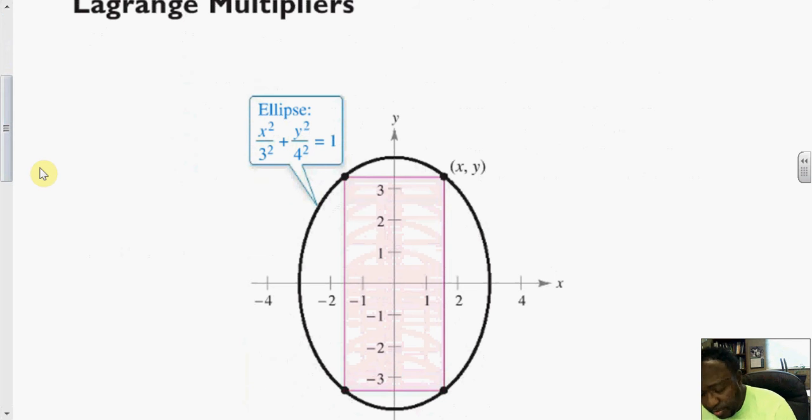Well, here, just a modification of that, you have an ellipse. If you know that the ellipse has certain dimensions, x squared over 9 plus y squared over 16 equal to 1, what is the maximum rectangle that can be inscribed therein?